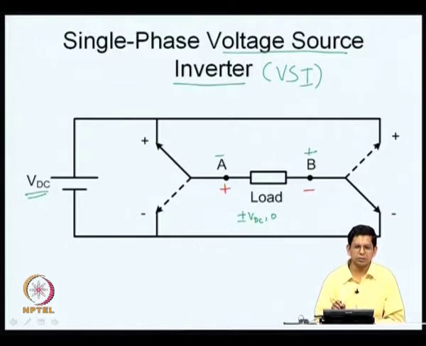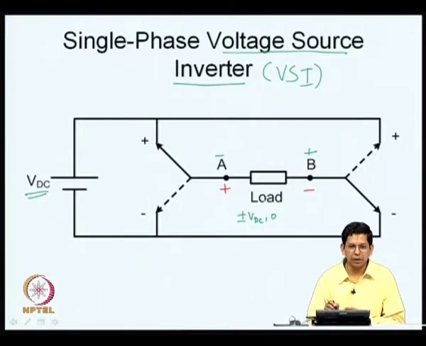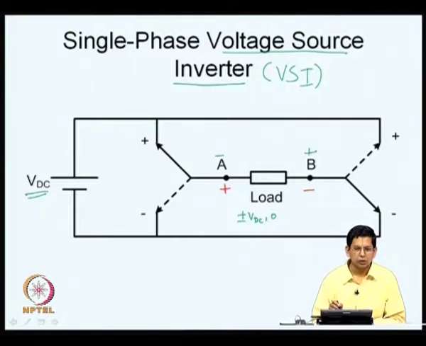We presume that the load is inductive in nature, and an inductive current should never be snapped open. In an inductive circuit, a path should be provided for the current to flow through. You can't just open out an inductive circuit. So, what do we do?